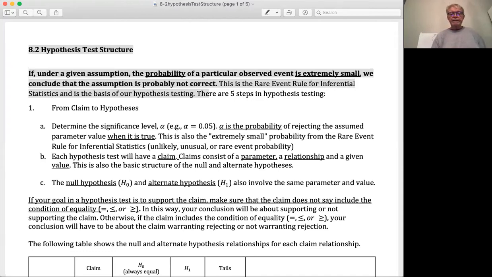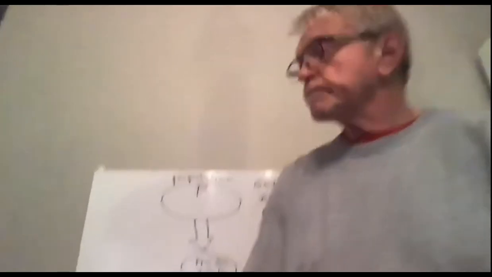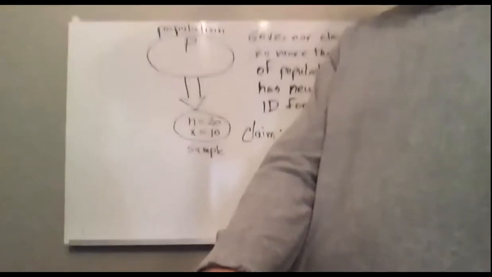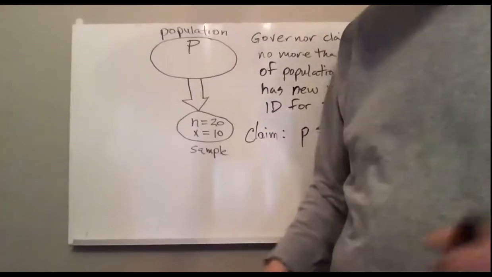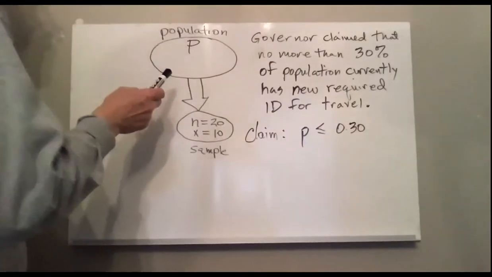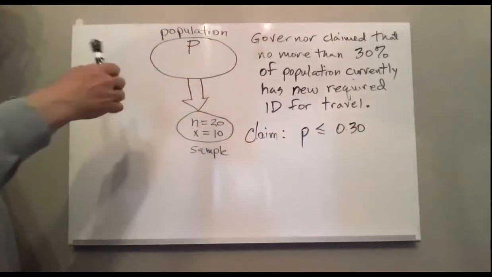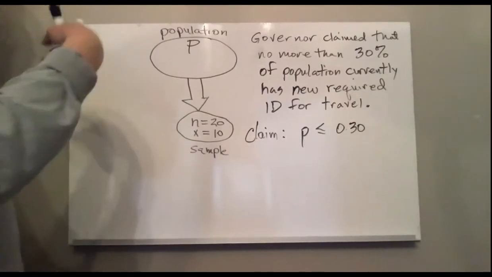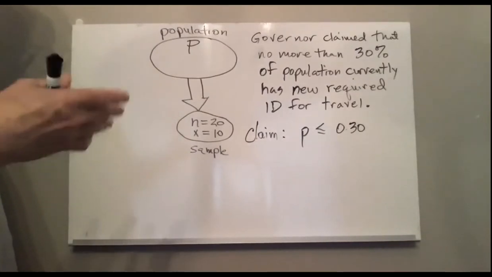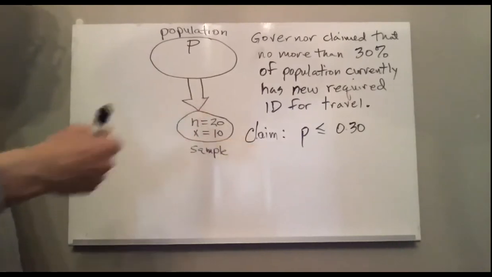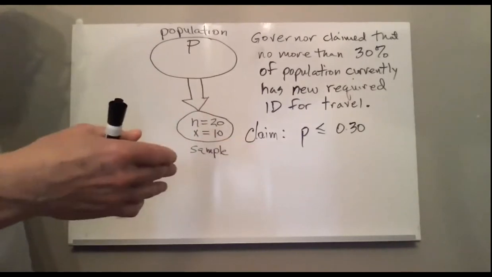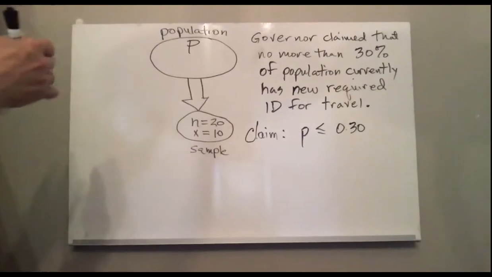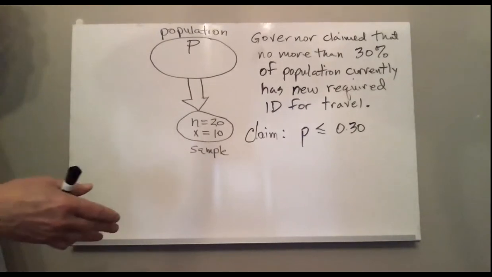So I'm going to use an example to talk about this. And let's see what we've got here. We've got a population. And remember, populations have parameters. We've talked about parameters like the mean, the average of the population, sigma, the standard deviation of the population.